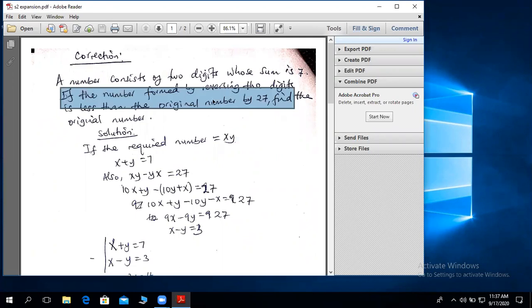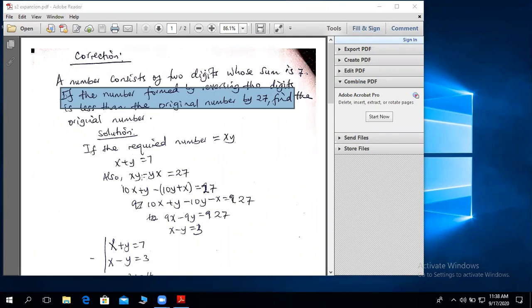If the number formed by reversing the digits is less than the original number, it means when I get the original number xy and I subtract the number got by reversing the digits, the answer is 27.